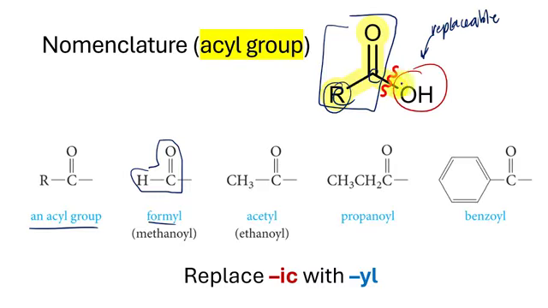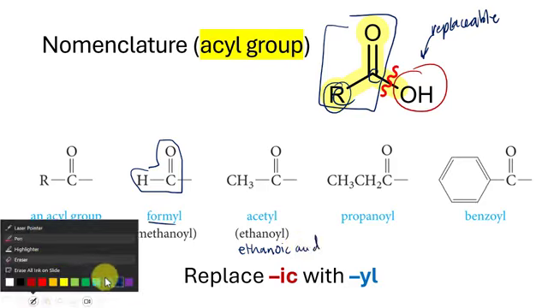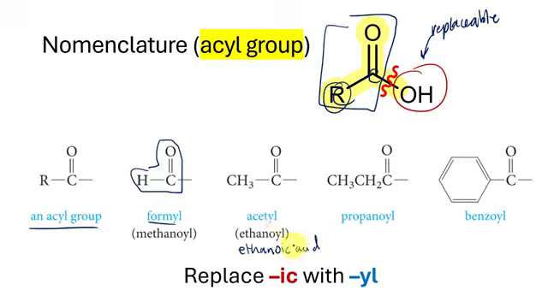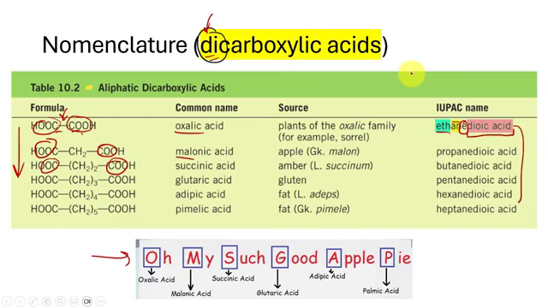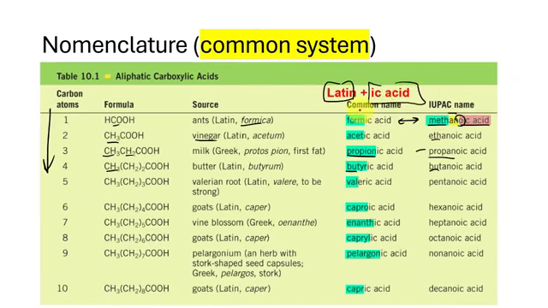If you name it as the carboxylic acid, it's known as ethanoic acid, right? So how do you determine the acyl name? Just replace the ic acid with yl. So it's the ethanoyl portion.